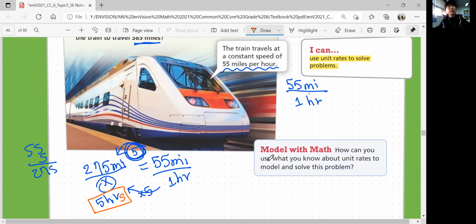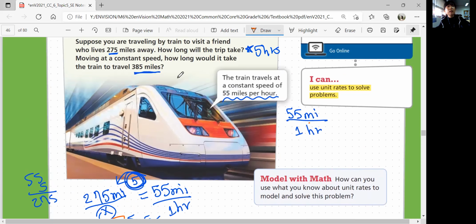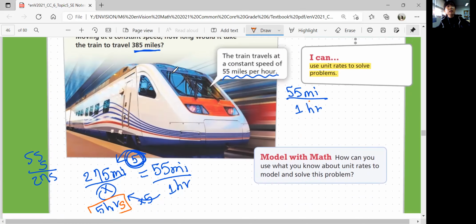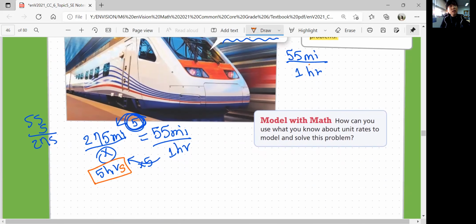And then what about the next one? How long would it take the train to travel 385 miles? So this is number 1. And then there's another question. 385 miles.